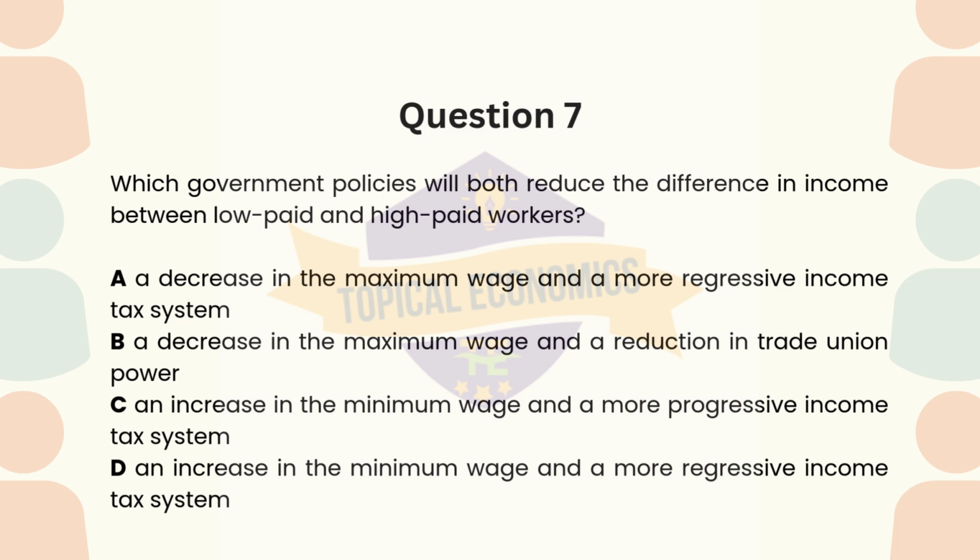Yet, let us look at option D also. Option D is an increase in the minimum wage and a more regressive income tax system. So, while raising the minimum wage helps low-paid workers, a regressive tax system would take more from those lower on the income scale, which would worsen income inequality. So, the correct answer for this question is option C.